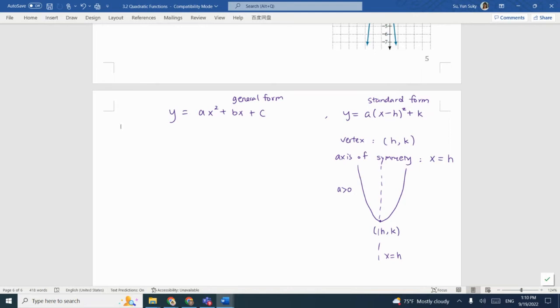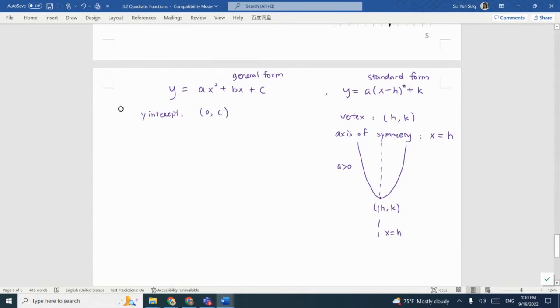Yes? And then if we look at this general form, the C, okay? C will give us the y-intercept. So the y-intercept is 0 comma C. Yes, everybody? And so we have some formula to transform the general form to the standard form.